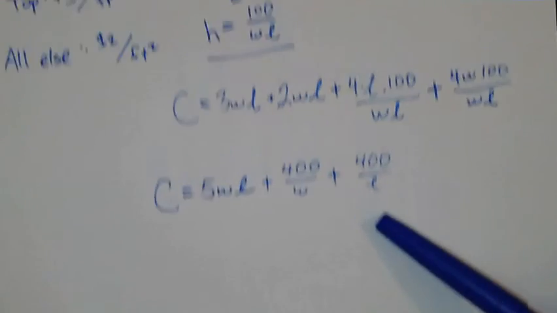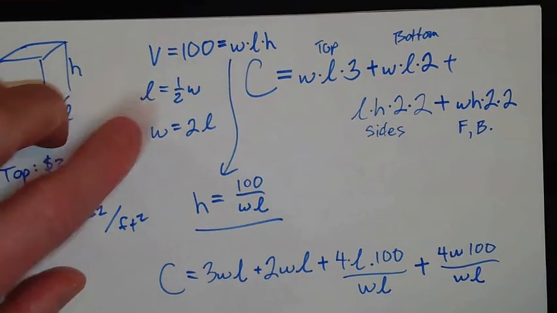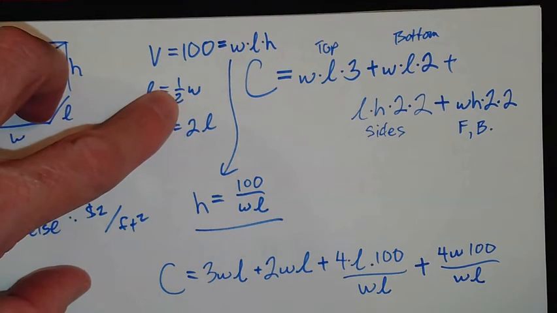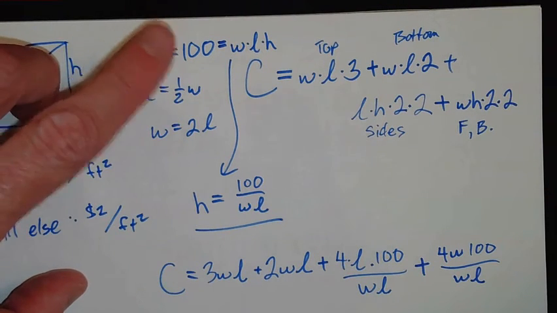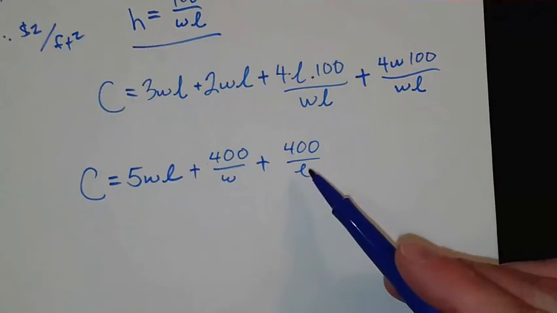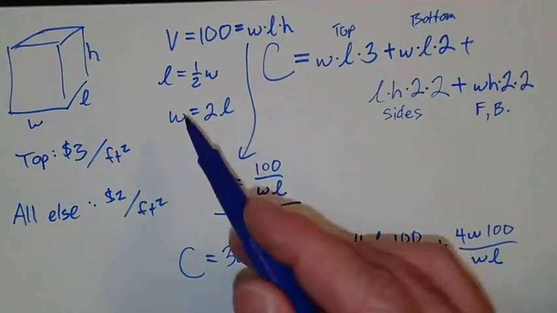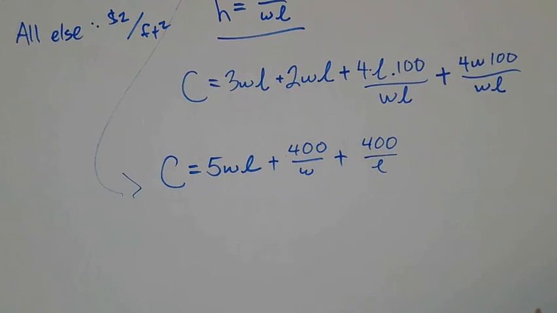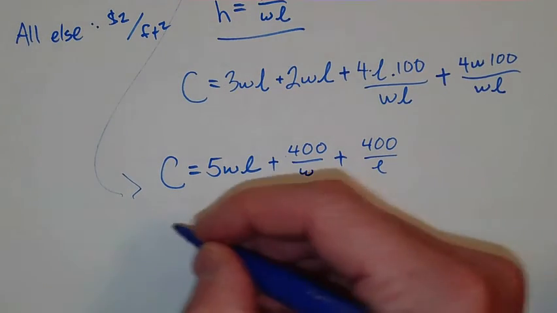Because I was a little bit strategic about this, I can get rid of the W by replacing it with 2L, or replacing the L with half W. I think I'd rather not have to plug a half W into the denominator of this one. So I'm going to use W equals 2L and plug that in place of all of my W's.